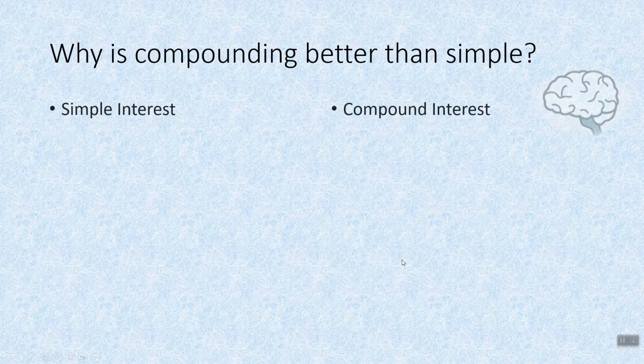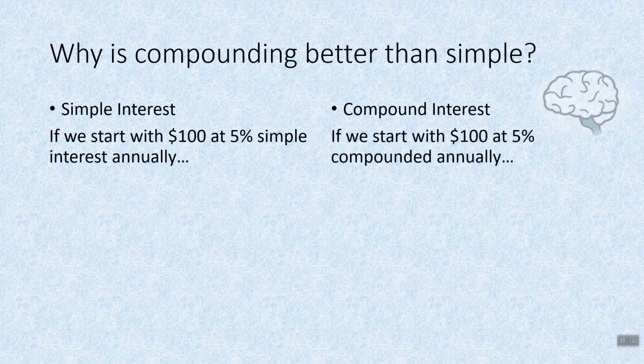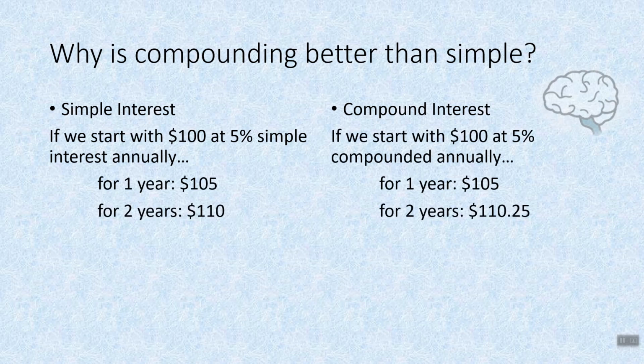Let's look at some examples. But first, why is compounding better than simple interest? Well, if we start with $100 at 5% simple interest annually, and we start with $100 at 5% interest compounded annually, after the first year, you have the same amount of both. After the second year, you've only made an extra quarter in compound interest.